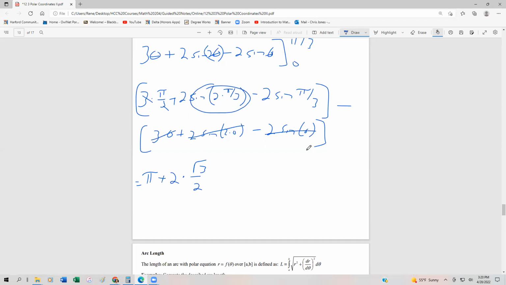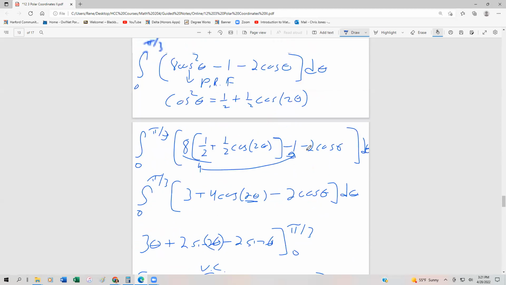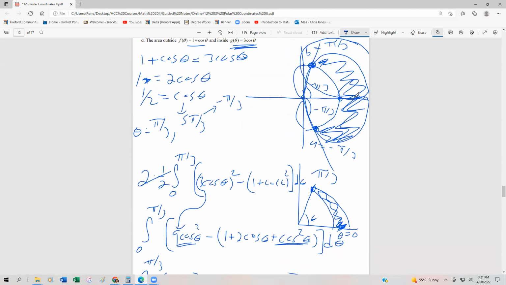Okay, so we just use our unit circle to be able to evaluate that. And then we have a -2, and sine of pi thirds is going to be another √3 over 2. And so notice that these are opposites, they cancel out, and we're just left with pi. Okay, and pi is going to be this region, both of them. Because remember, we doubled the region.